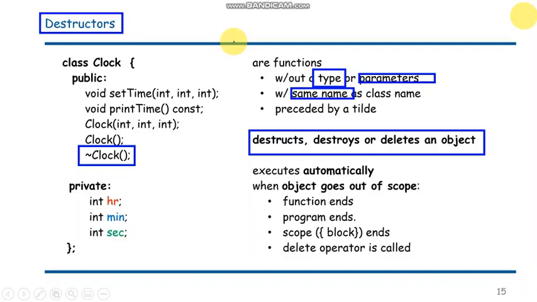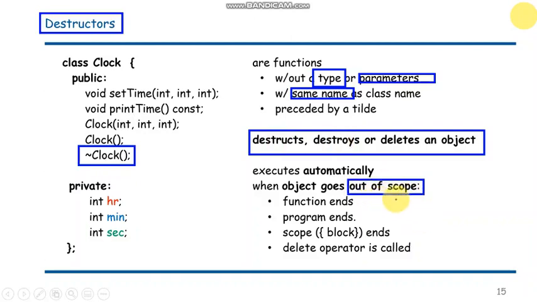So your class must have a destructor so that when the object goes out of scope, it then automatically executes. The moment the object goes out of scope, it destroys that object.